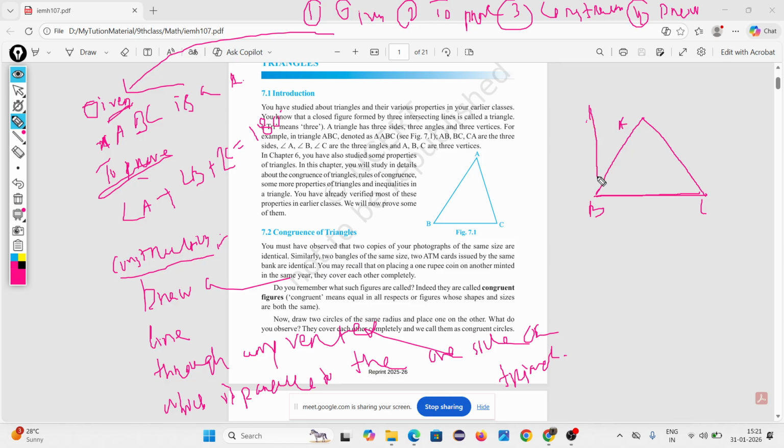If you draw a parallel line through vertex B, it should be parallel to AC. But in this case, I am drawing a parallel line through vertex A, which is parallel to BC. Okay, then prove.